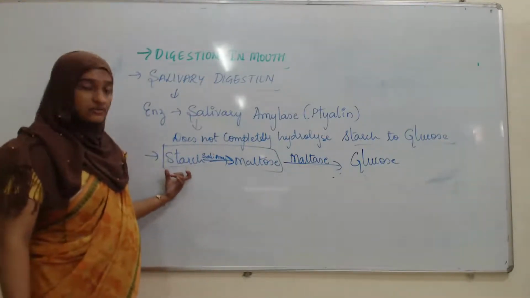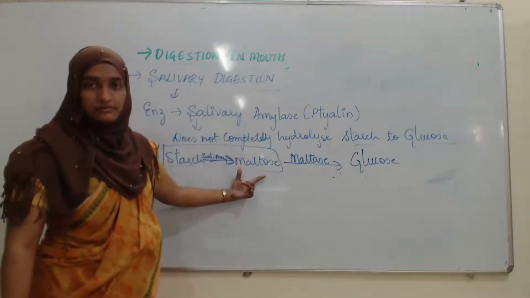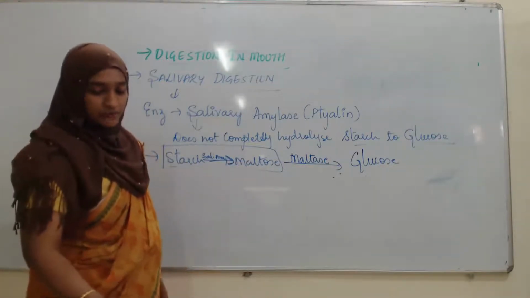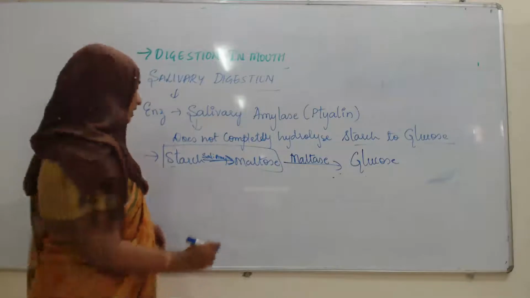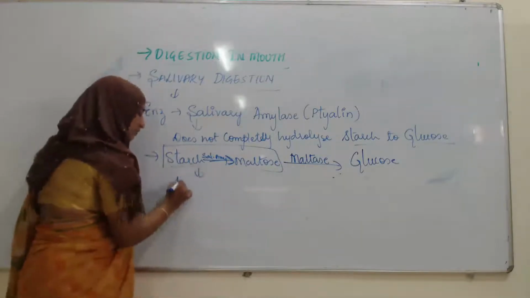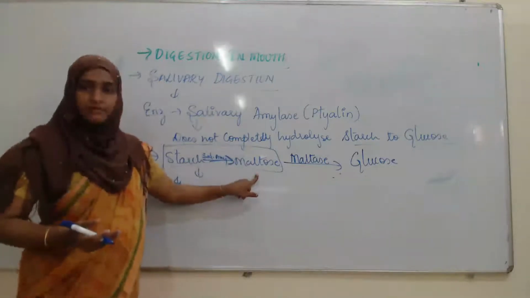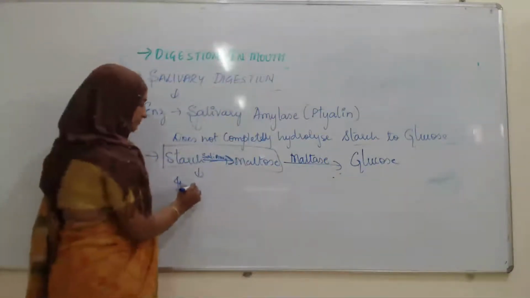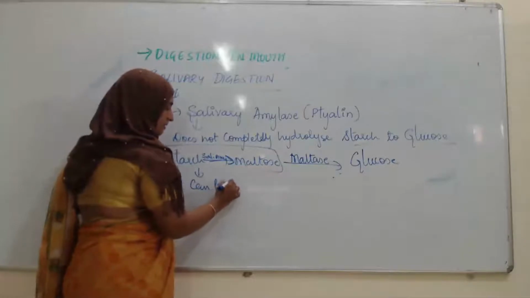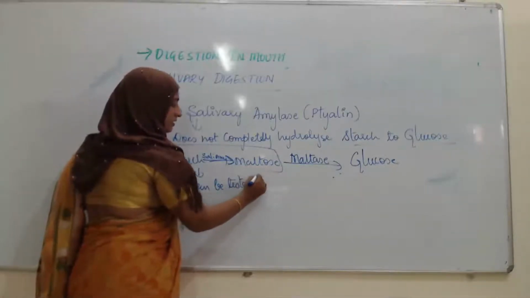The conversion of starch to maltose, which is taking place in the mouth, can be tested with iodine. It can be tested whether the starch is converted into maltose or not. Okay, that can be tested by what?